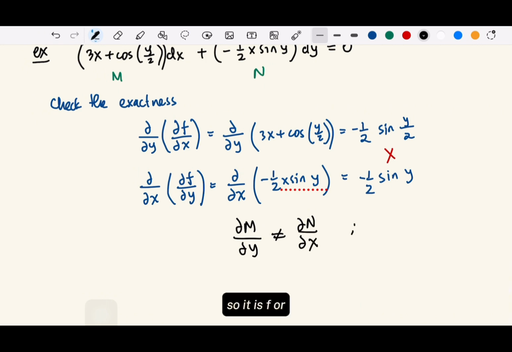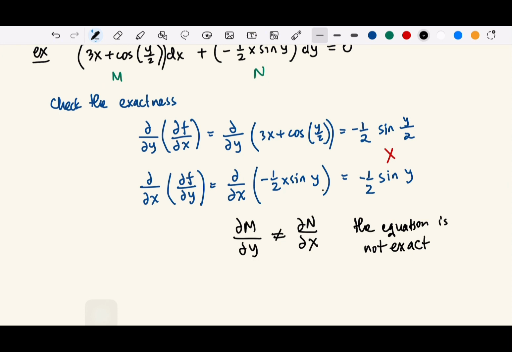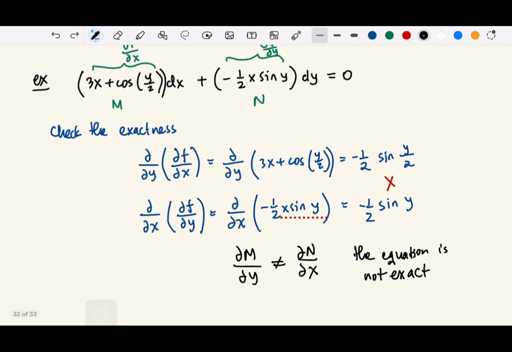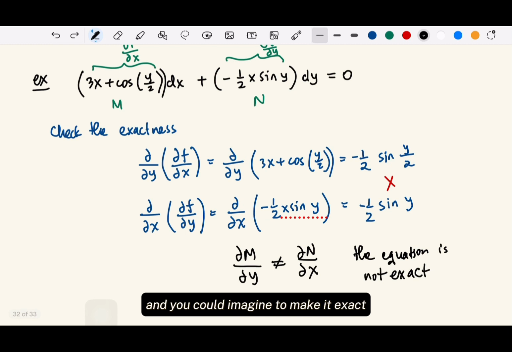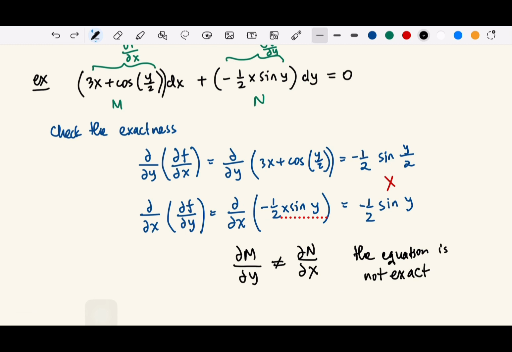So the equation is not exact. And you could imagine, to make it exact, we can just remove 2 and it will be the same.